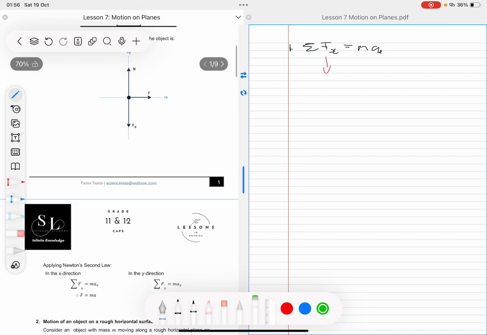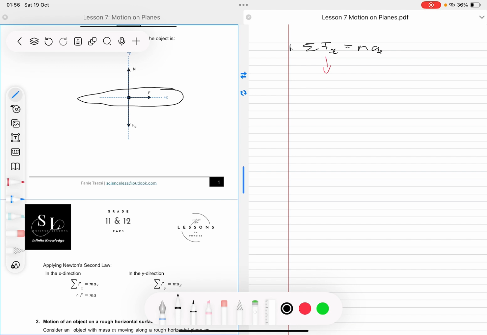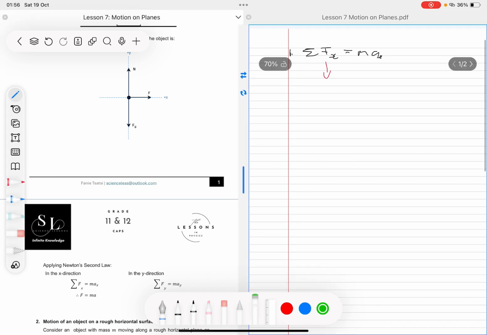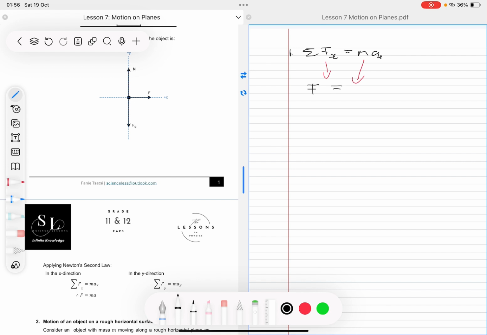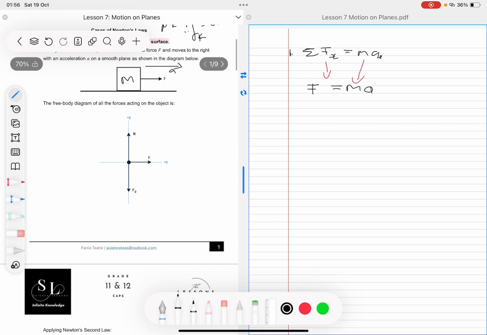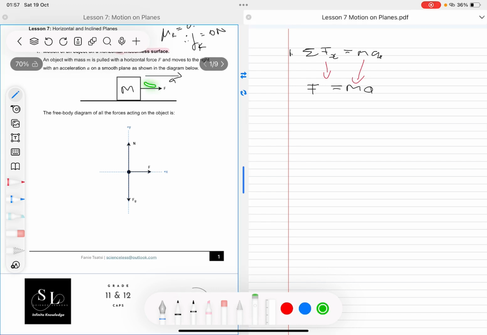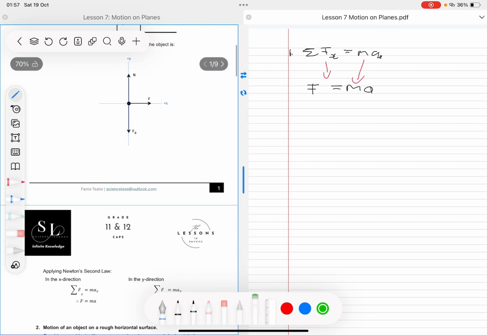So when we look at this free body diagram here, you will see that in the x direction we only have one force acting, meaning when I add my forces here, I'll have F, and there are no other forces, which is equal to M times the acceleration. I'll remove the x and write it as a to show that it is this acceleration here, right?